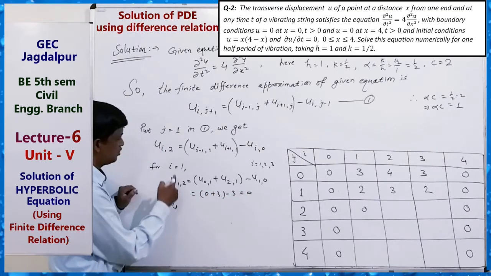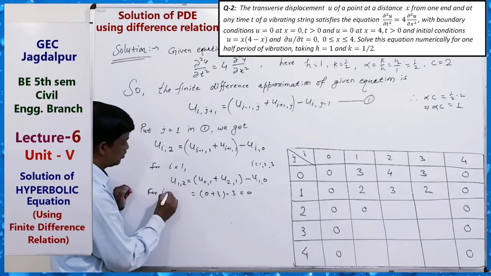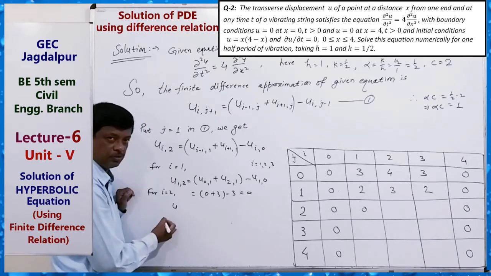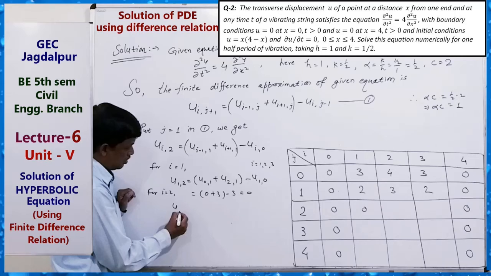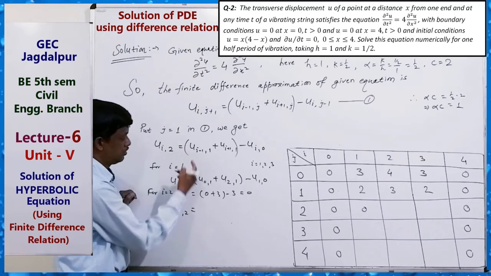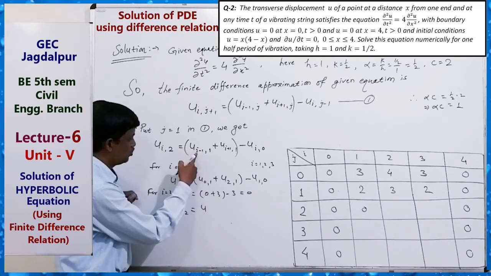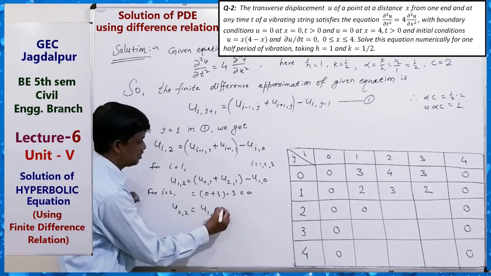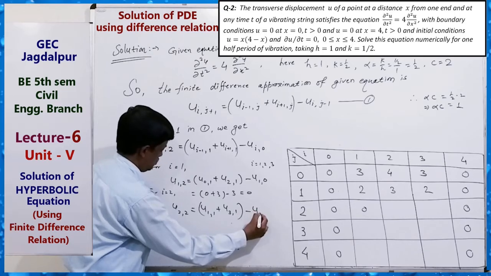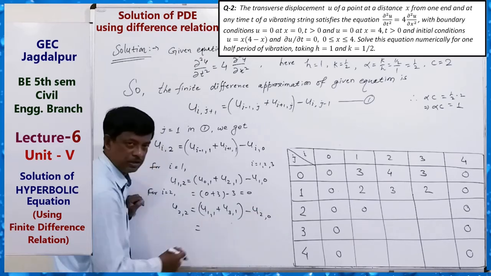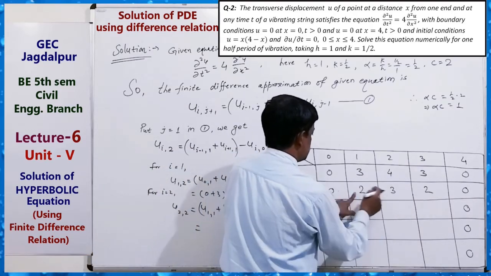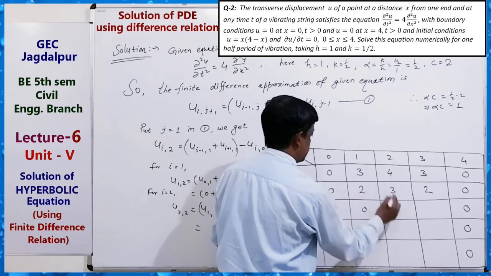Similarly, for i equals 2, we can get the value. u(2,2) equals u(1,1) plus u(3,1) minus u(2,0), which is 2 plus 2 minus 4, equals 0.